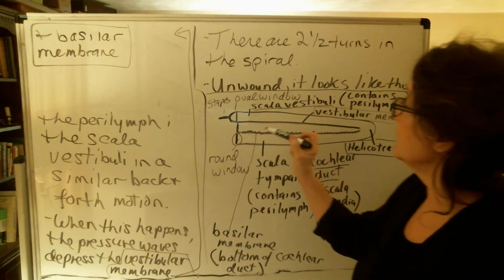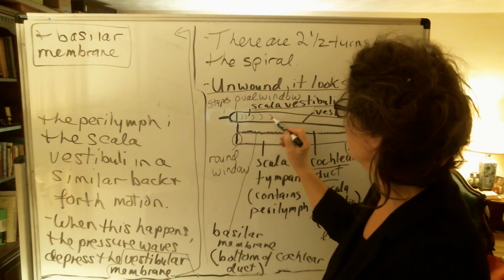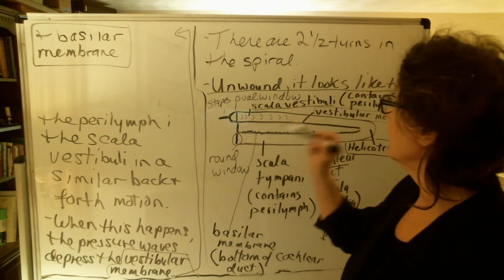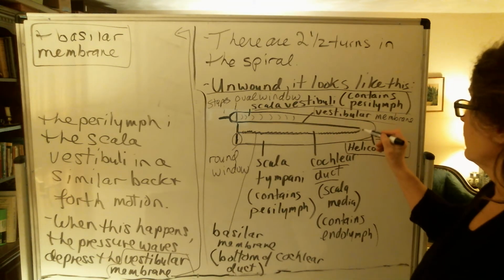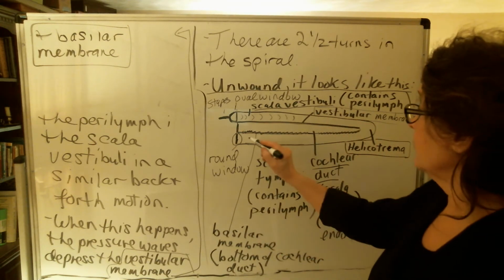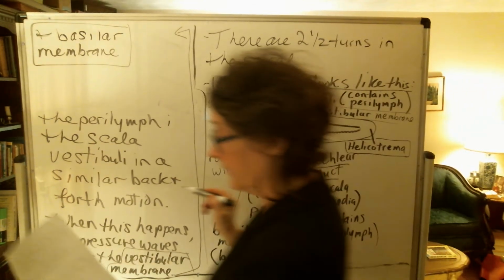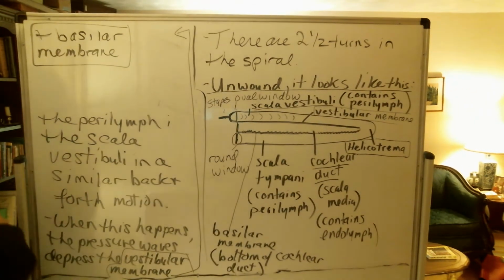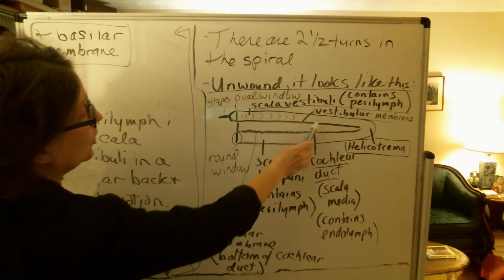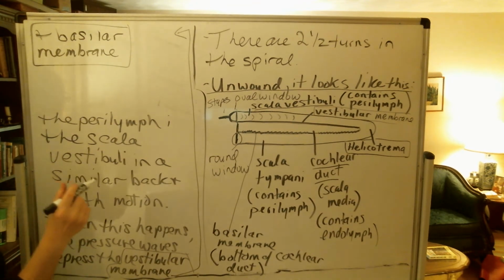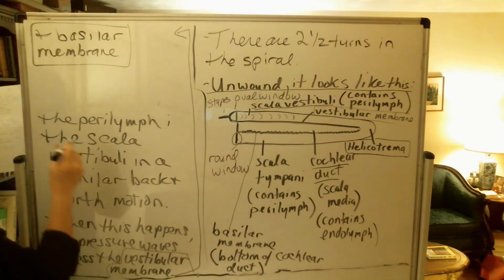And so what I'm saying here is that as the fluid winds up going in pressure waves, this is going to depress this membrane here, and it is going to depress this membrane here as well. And this is very important because depending upon the frequency of these pressure waves, you're going to get the maximal amount of depression in different places.